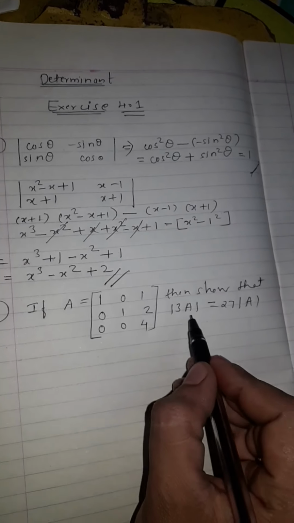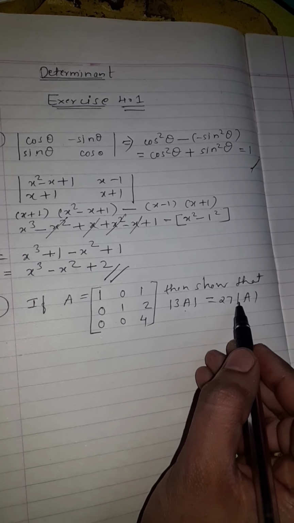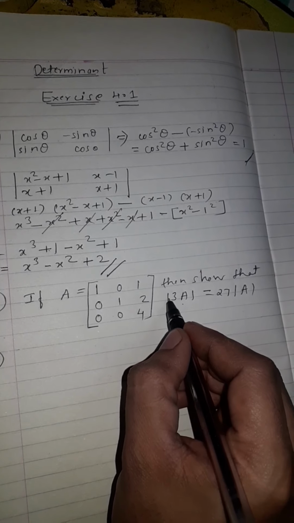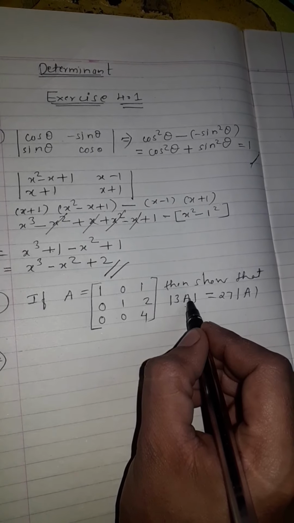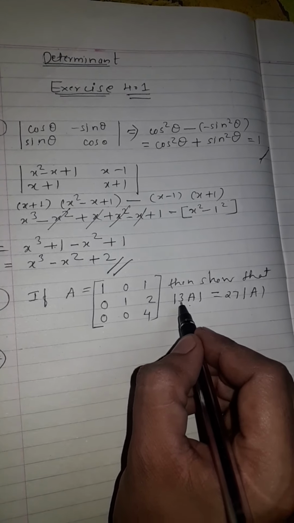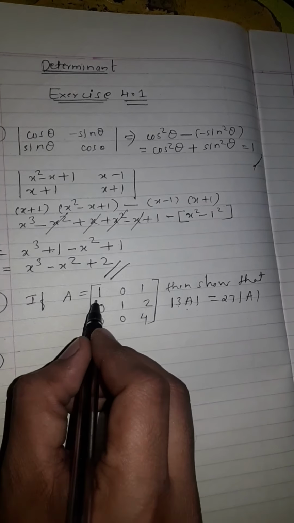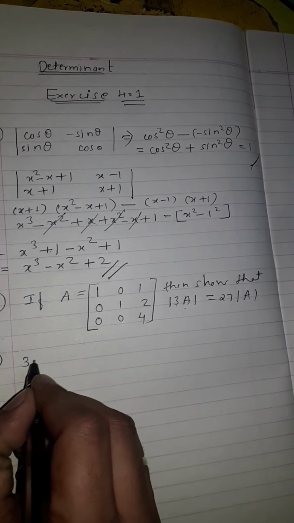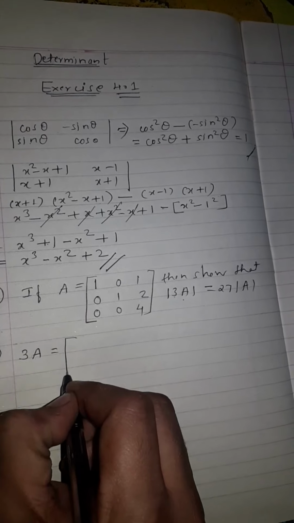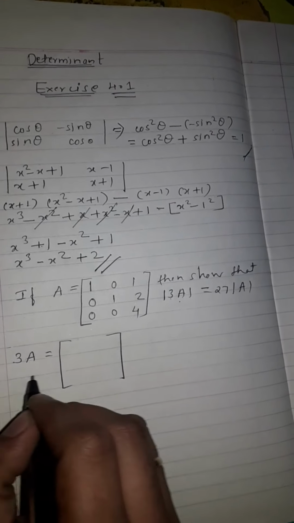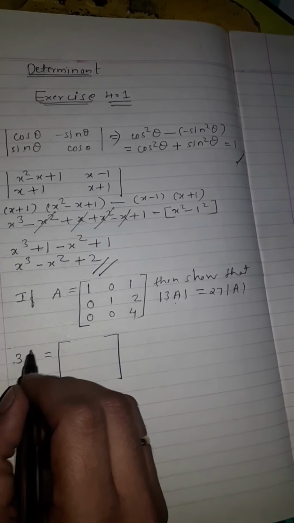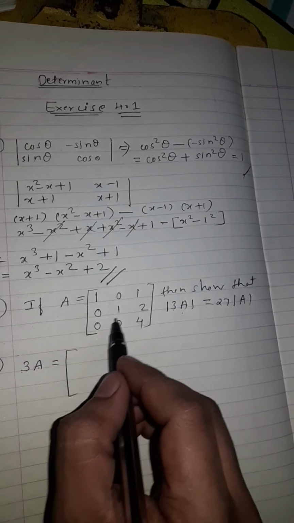Here you have to find the LHS and RHS separately. If you observe the LHS, it is the determinant of 3A. But to find the determinant of 3A, first you must have 3A, and in the question they have given only A. So you have to multiply 3 to the matrix A. When you multiply 3 to the matrix A, that 3 will multiply each and every element present in the matrix.